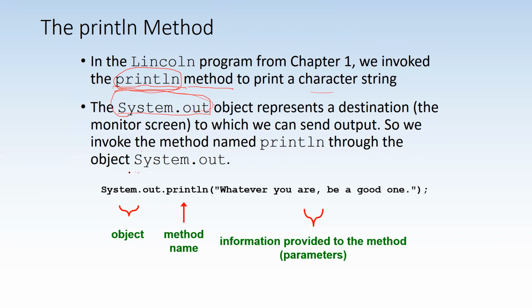You just need to remember this is how you do it. So this is the object. This is the method of that object. The key terminology is invoke, which also is call. We invoke this method or we call this method to accomplish the output.